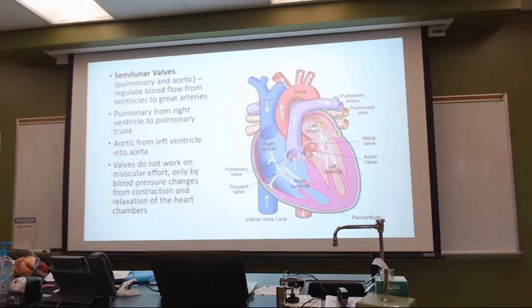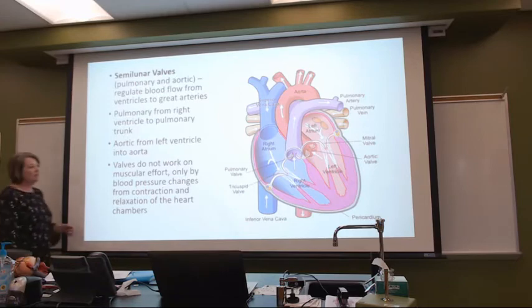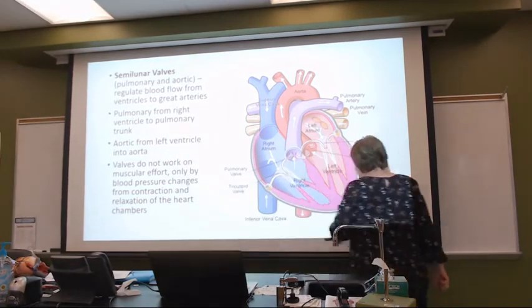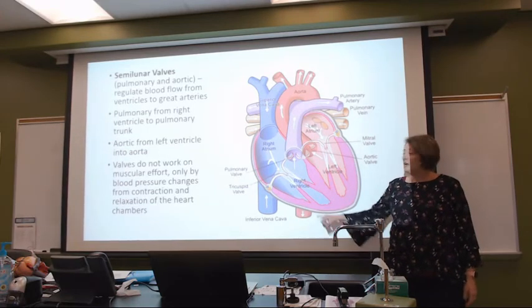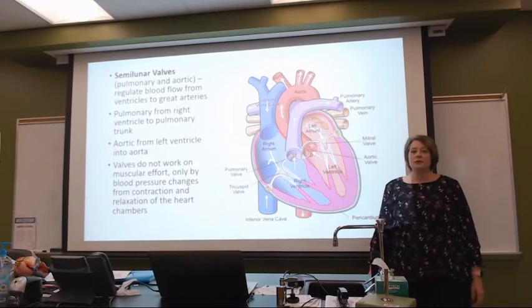So when we look at these valves to the great vessels, we have a great vessel that leads us into our pulmonary circuit, and we have a great vessel that leads us into our systemic circuit. So the valves that go into these great vessels, they're termed semi-lunar because they look like the shape of the moon.